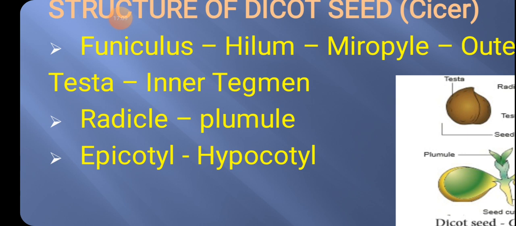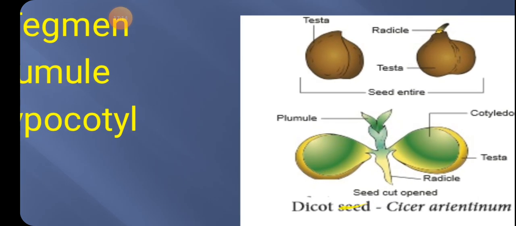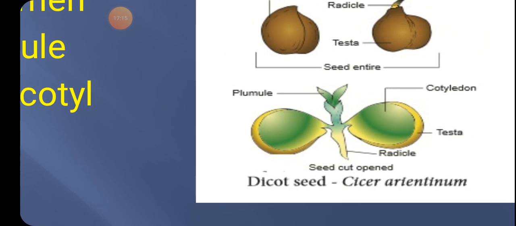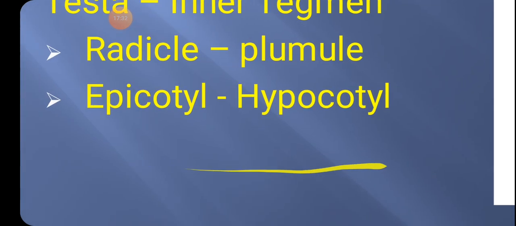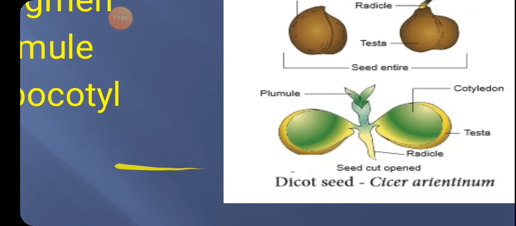Now the radicle. See the radicle tissue in the lower axis. From the radicle tissue the root develops. And the upper part, the plumule, is the tissue from which the shoot develops. Here is another thing: epicotyl and hypocotyl.